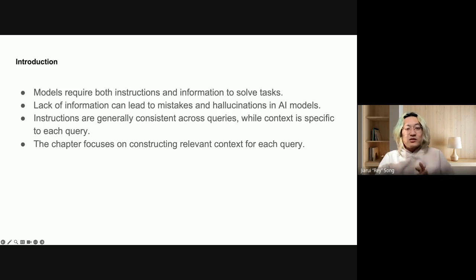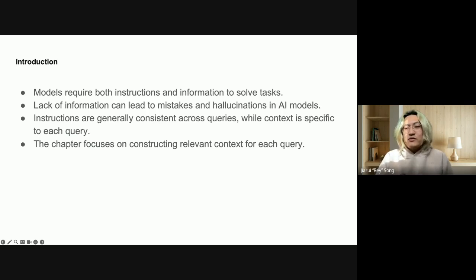I want to start from fundamental aspects of how AI models work, especially when it comes to solving tasks efficiently. At its core, for an AI model to successfully complete a task, it requires two key ingredients. Firstly, clear instructions on how to do the task and the necessary information to work with.